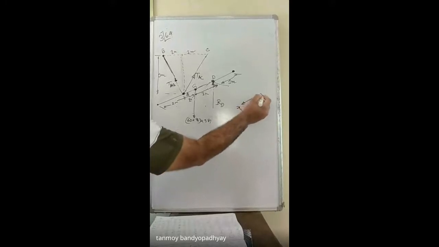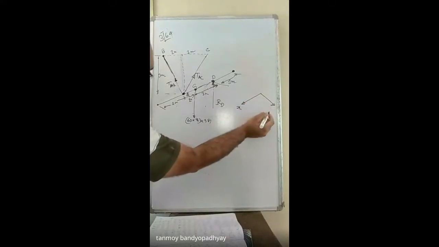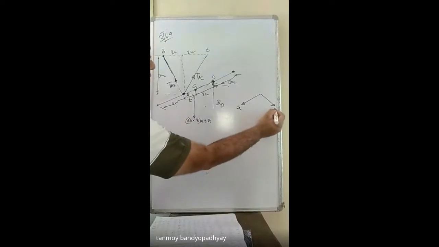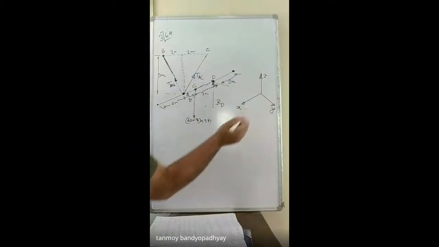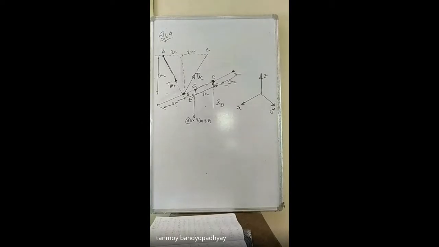Generally the span of a beam is taken as the x direction, and this is the y direction, and this is the z direction. Okay? So now if I do a vertical equilibrium of these forces, what should I be having? So now what are the forces actually?